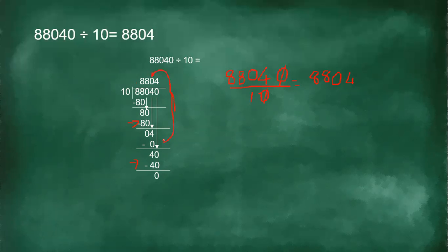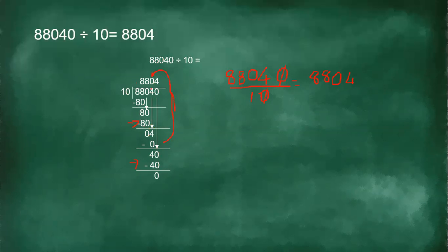As I'm going along, I bring down a number and I see that it's still smaller than my divisor. So since it's smaller than my divisor, that means in the quotient there's a 0.